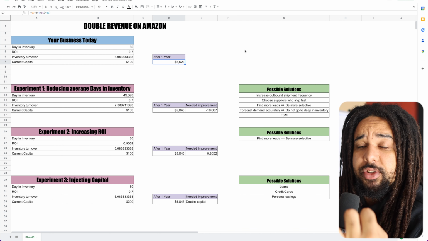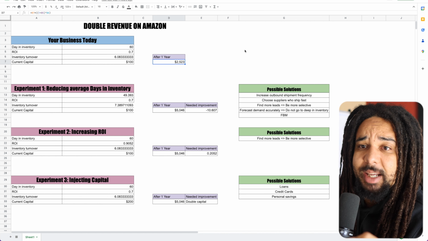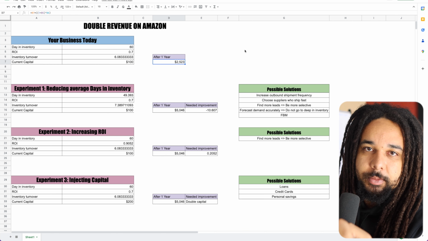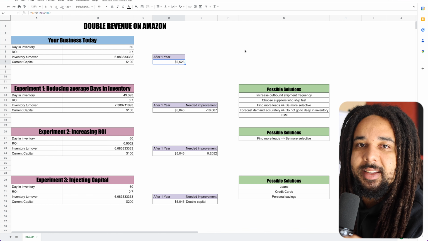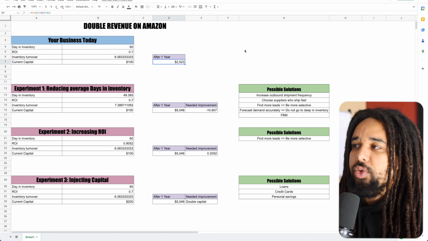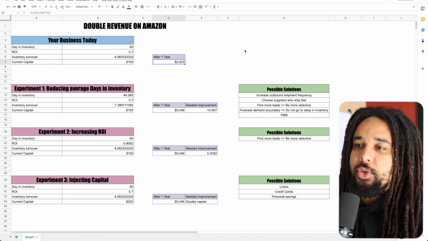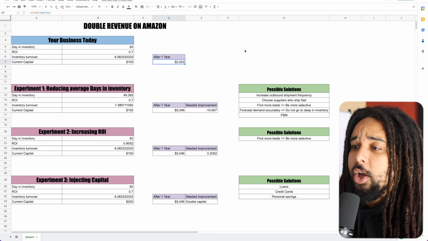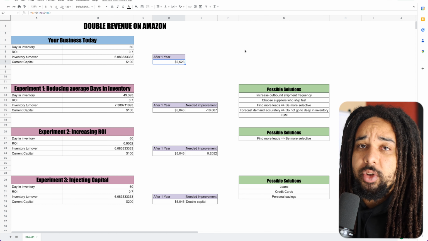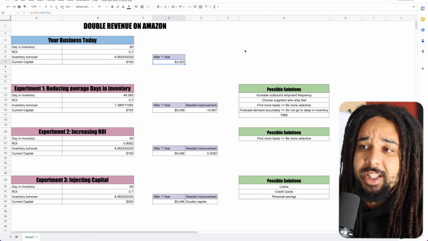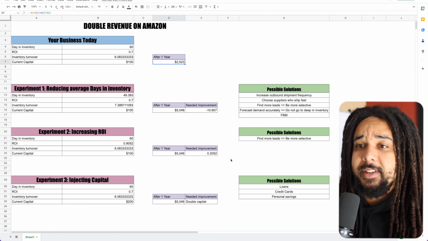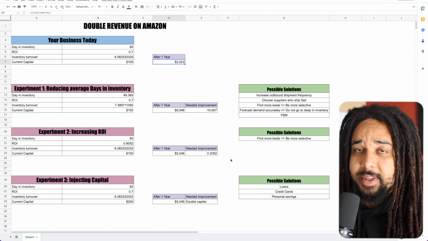We can decrease our days in inventory, so sell items faster, and we can just increase our capital, right? So these are the three things that you can play with to increase your potential revenue, so to increase the amount of money you will have in 1 year. Today we are going to look at how much we should increase or decrease each one of those three things to be able to get double what we would have gotten if everything stayed the same.